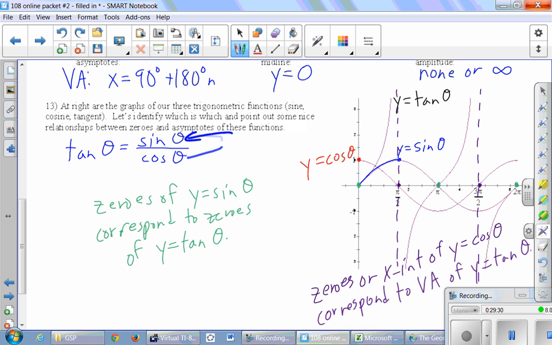You should say it's the top. A fraction is equal to 0 only when the top is equal to 0. So this whole fraction is 0 anytime sine is 0. So tangent is 0 anytime sine is 0. And that's exactly what we saw at those 3 x-intercepts. They're not just x-intercepts of the sine function, they're x-intercepts of tangent as well. So some nice relationships between sine, cosine, and tangent in terms of their graphs.